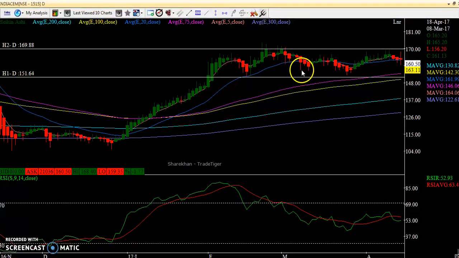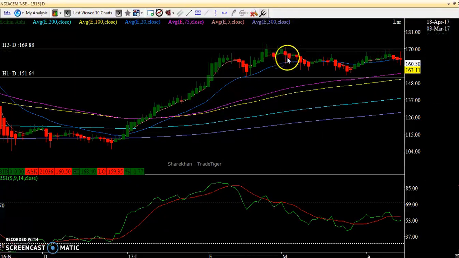Buying happened, but it wasn't touching a demand zone, in the month of March when the market was really good. Before that, in the month of Feb, the stock touched its previous demand zone at the 150 level and went up, and here it again came back from its supply zone.